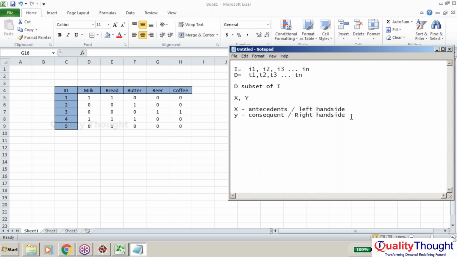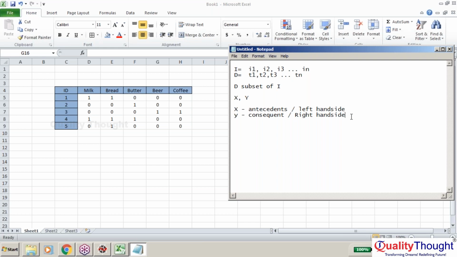Here, for the transactions, the items list we have is milk, bread, butter, beer, and coffee, all within a database, but for each and every transaction there are only a couple of items.